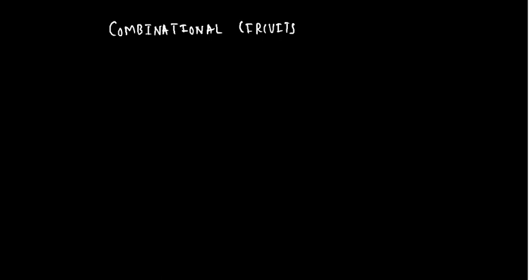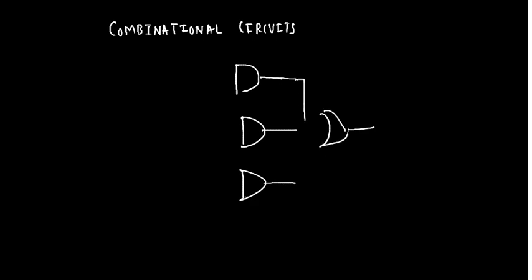Say you have a big circuit and you need to calculate the output. The output is dependent on the inputs which are available at the current time, on the input lines. Those circuits are called combinational circuits, where the output depends only on the current available inputs.